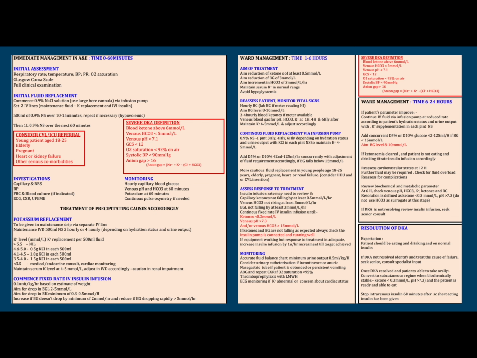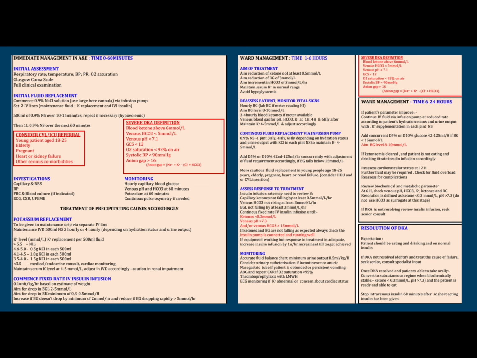Again, this is another example of a chart that can be used in your hospital to manage DKA patients at the point of accident and emergency department, which is time 0 to 60 minutes. And finally, as they arrive at the ward within the first to 6 hours of diagnosis.